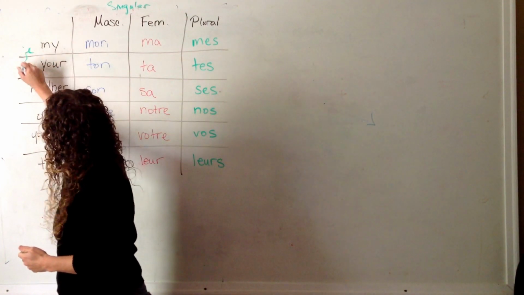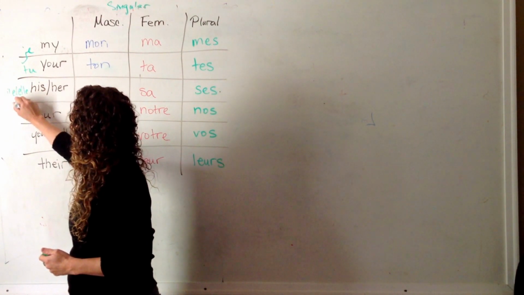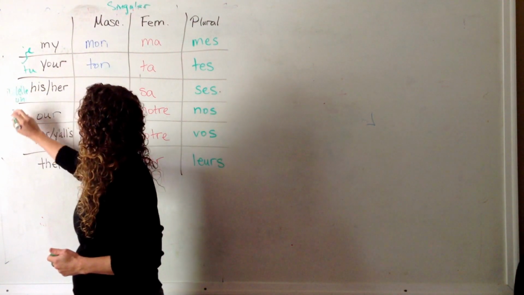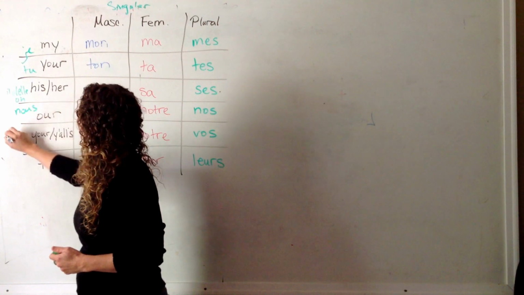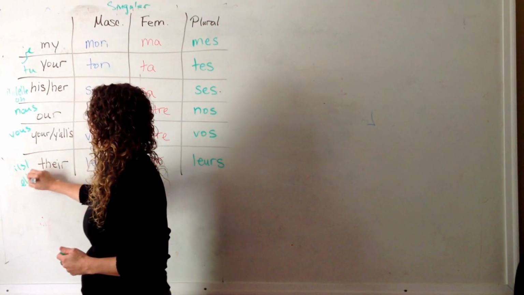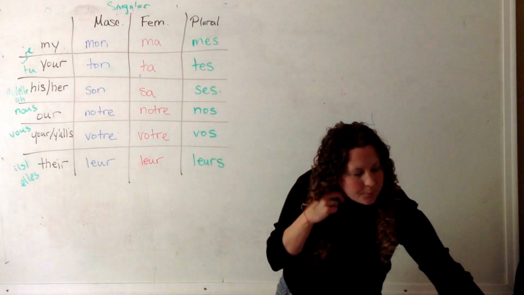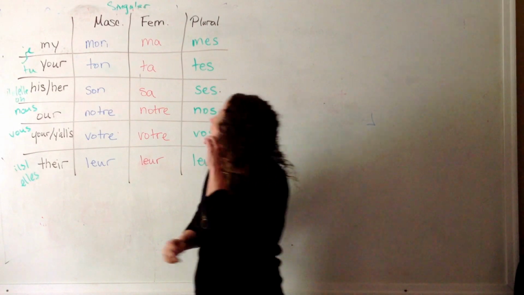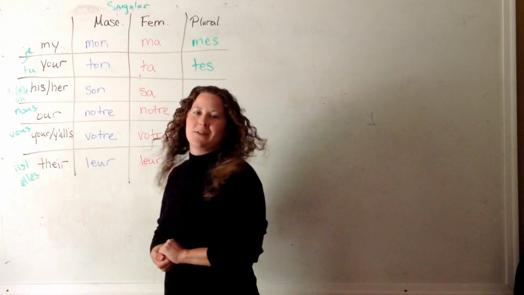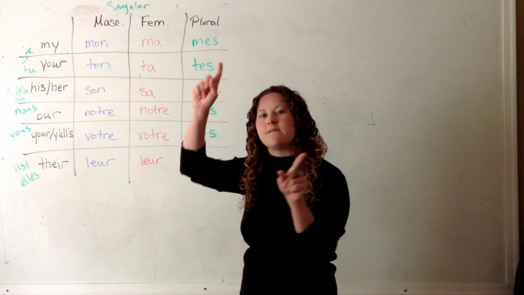So, je, tu, il, elle, on, nous, vous, ils, elles. Again, okay? So, I hope this doesn't get confusing. It probably will. So, all you're doing is following a chart.